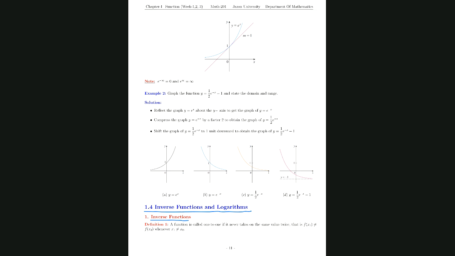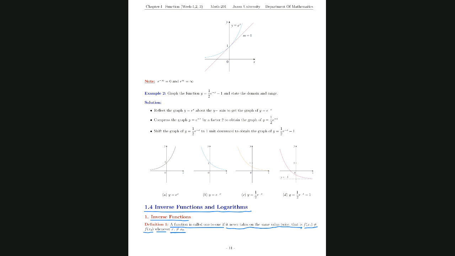Definition of one-to-one function. A function is called one-to-one if it never takes on the same value twice, that is, f of x1 is not equal to f of x2 whenever x1 is not equal to x2, right?